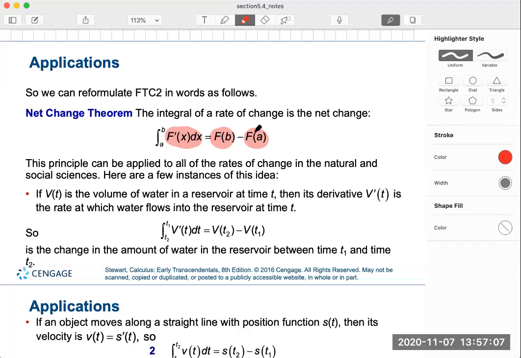If the volume of water is a function depending on t, then we can compute the volume change of the reservoir, which is this guy, okay? Integral of V prime of t dt from t1 to t2, okay?